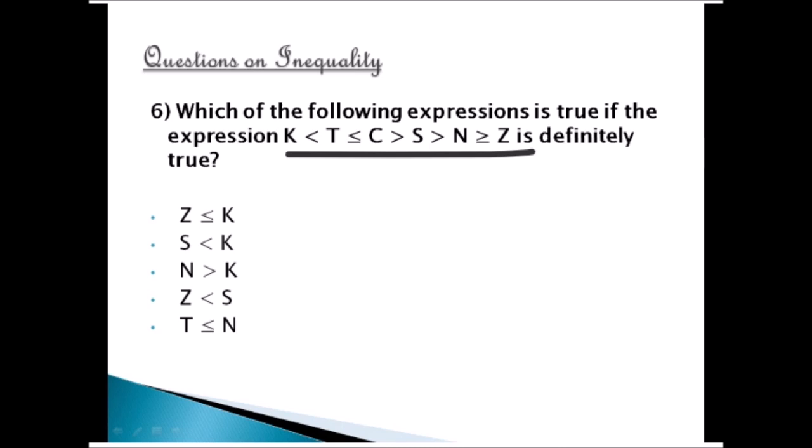The first conclusion says K to Z. Directly I can strike out conclusion number 1 because there is no outgoing from K to anywhere. The second conclusion also says K to S. Here also the starting point is K and there is no outgoing from K to anywhere.